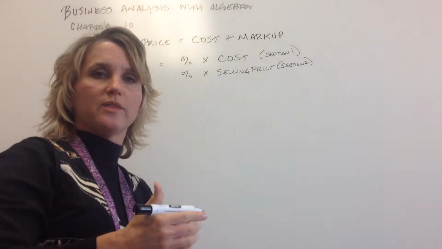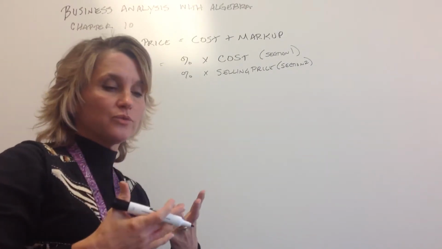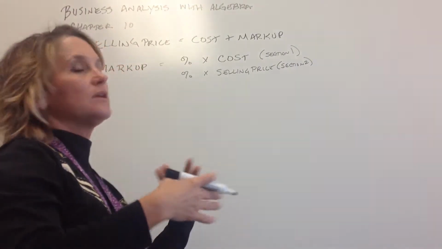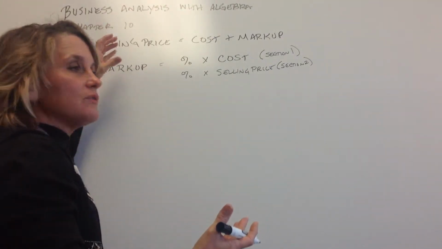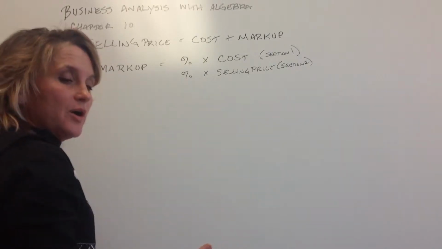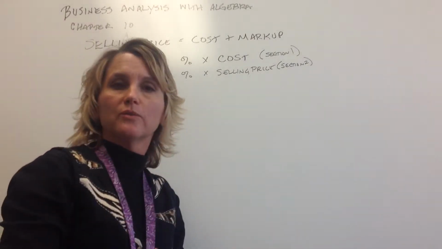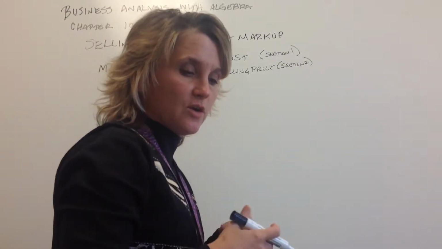Pay attention to what that markup is on. And then you can read these problems, and maybe you'll initially be able to start with this formula and then solve, or maybe you'll have to start with this one. So you want to understand them both and then be able to read the word problem and figure out which one do I apply. So let's go to an example.